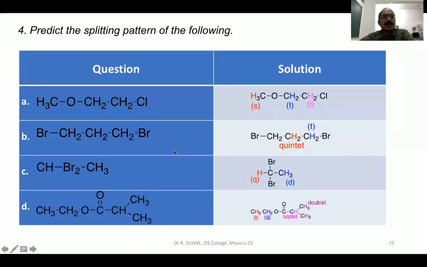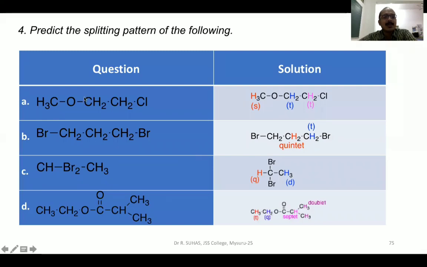The fourth question: predict the splitting pattern of the following. We have to predict the splitting pattern. He has given the question CH3O, CH2, CH2, Cl. We have to first check how many different types of protons we are going to get. We shall start from this side. This CH3 has no neighbor, so there will be only a singlet here, one peak.